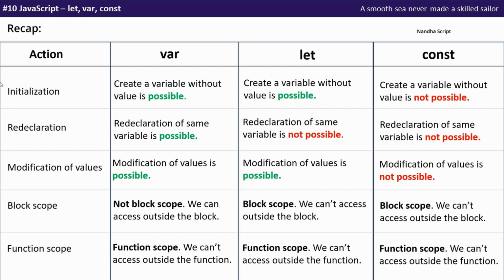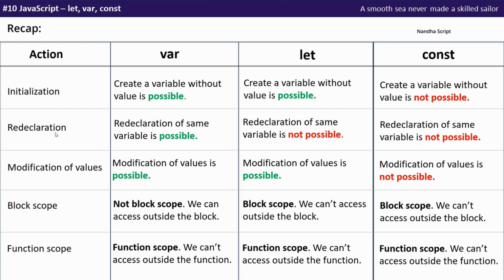For your better understanding, I created this comparison table. The first one, initialization, means assigning a value to the variable. With var, we can create a variable without assigning a value to it. In let it's also possible, but in const we must give the value to the variable.